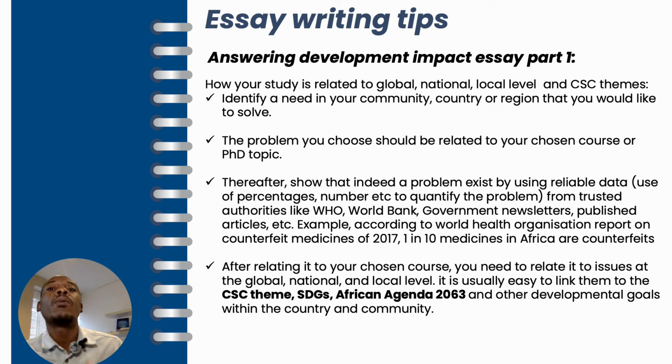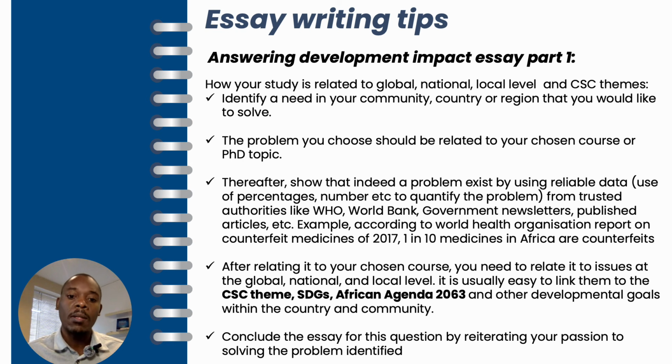How is it related to the Commonwealth Scholarship theme? How is it related to the 2063 agenda in Africa? And how you think you are going to solve. So this is how you are going to answer this part. Only what problem you've identified and how is it related to the development and the CSC theme.